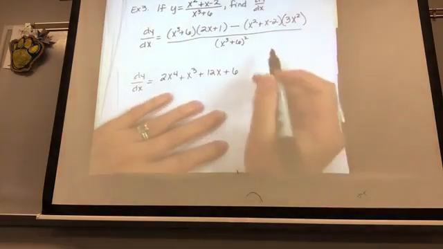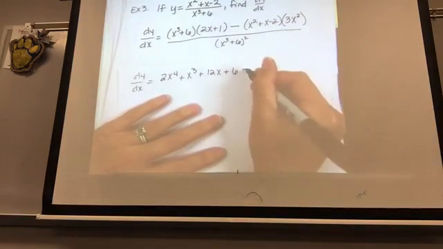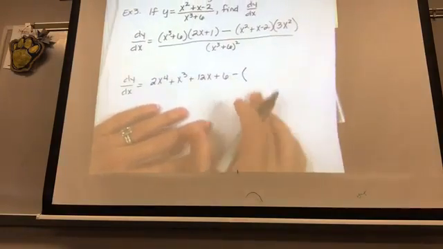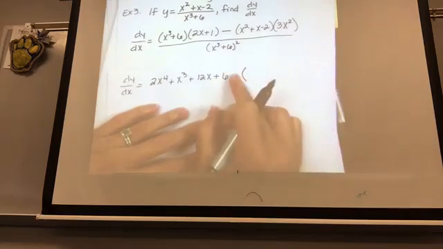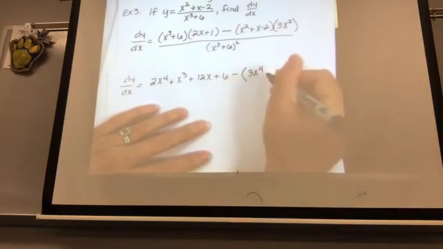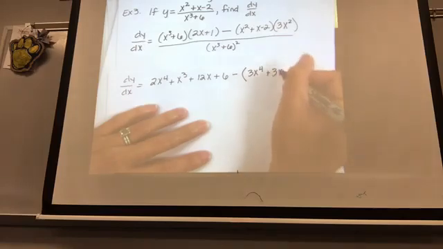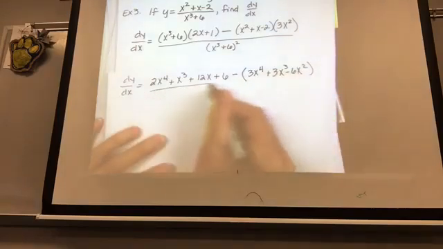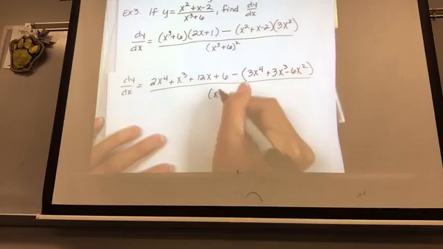And then now distribute, and I'm going to do a minus sign and then in parentheses so I don't forget, everything will be distributed to that minus sign. So 3x squared times x squared is 3x to the 4th plus 3x cubed minus 6x squared, still over x cubed plus 6 squared.